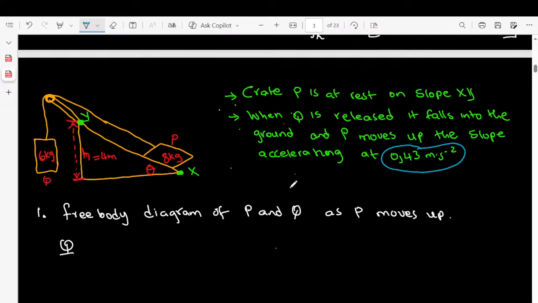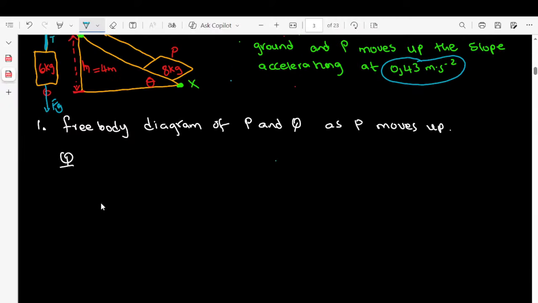We have the force of tension, which will point up, and we have the force of gravity, Fg, going down. Are you all happy with that?